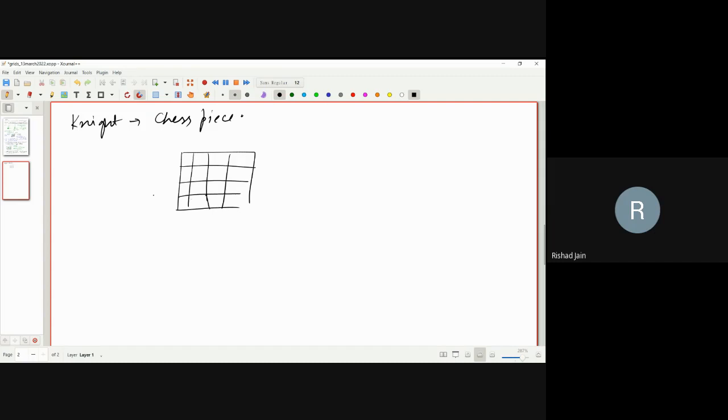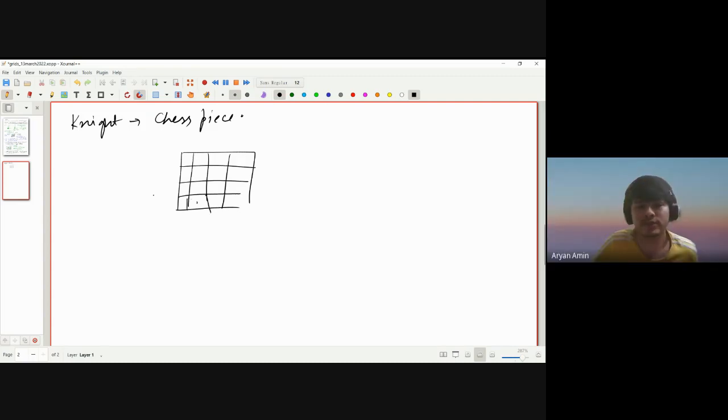If it starts from here, it can go to here, or here, or here. The other end is blocked, so it should have been able to go somewhere here, but it's blocked. So basically a knight moves like sort of 2.5 moves. Someone described that, oh, that was a good description.